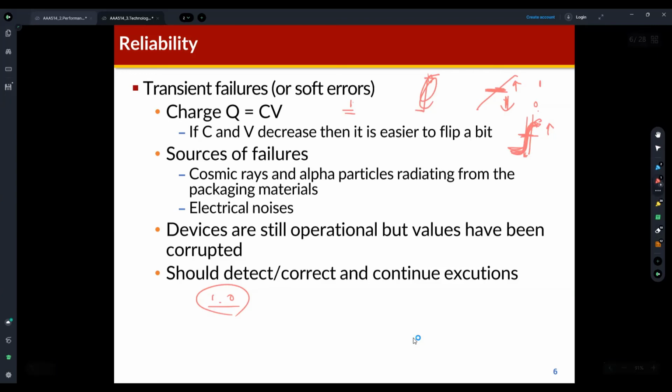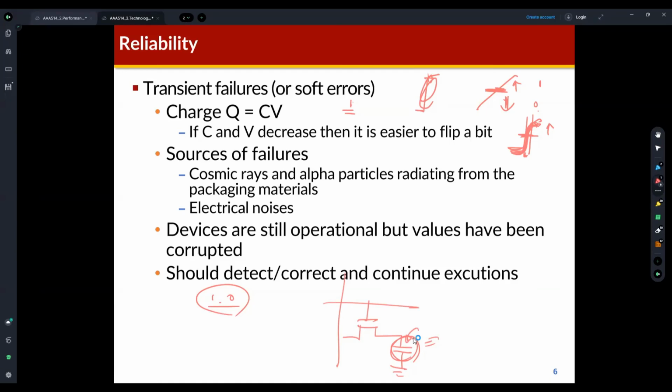How does DRAM look? So this is the DRAM cell. Actually, the electric charges are stored in this capacitor. Okay, if the size of the DRAM cell is decreased, the size of this capacitor is also decreased.